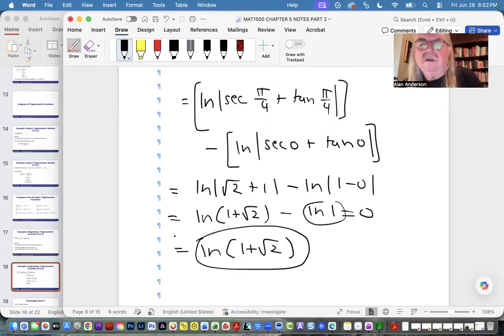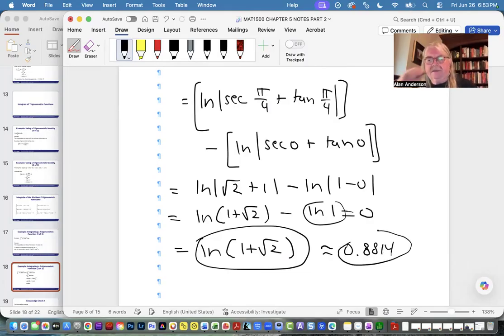Yeah, 0.881. So if they ask you for a specific constant in, let's say, WebAssign, let's say they ask for four places, which they often do, it would be 0.8814. Or they might just let you leave it as log of 1 plus radical 2.